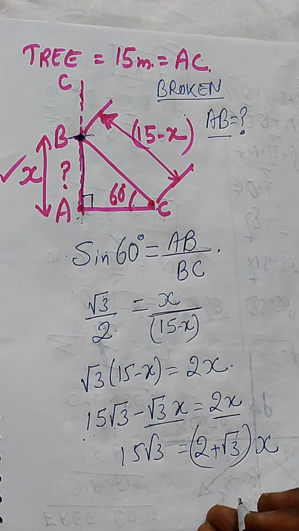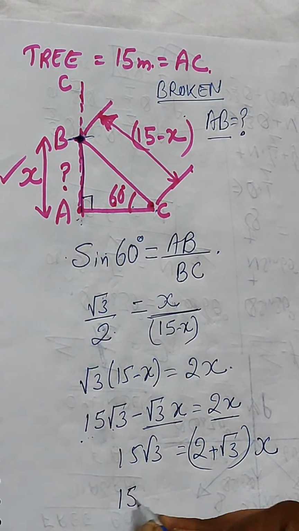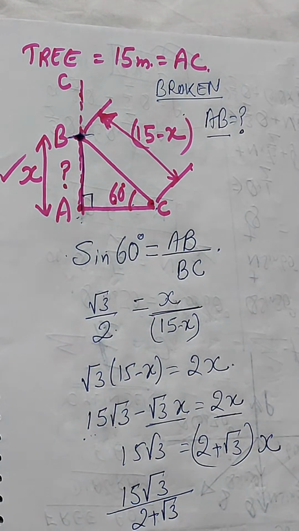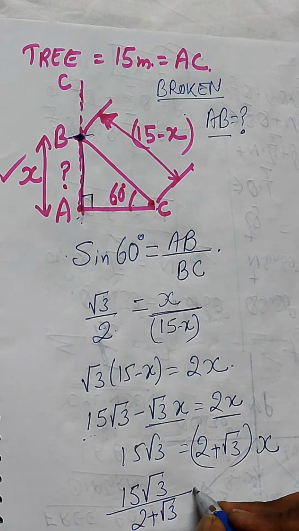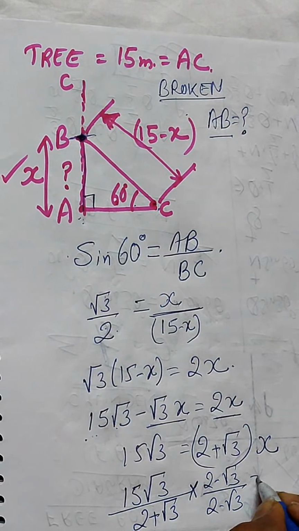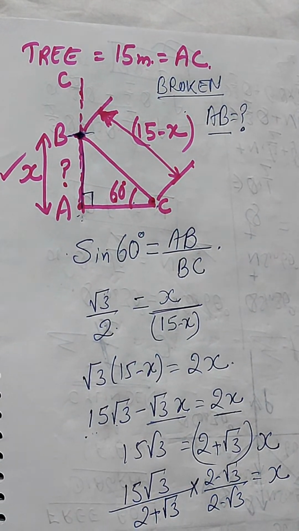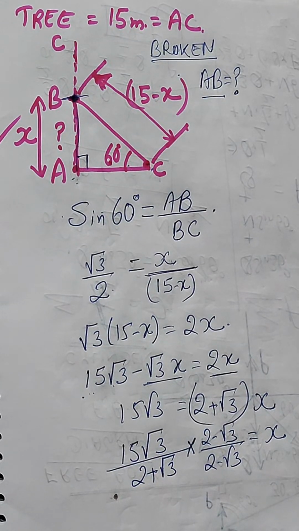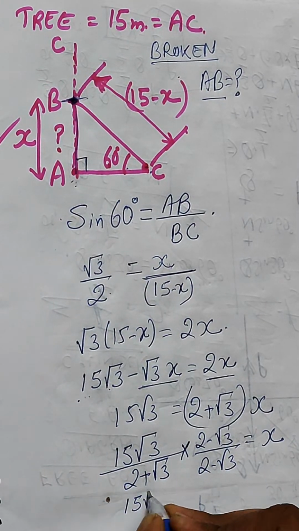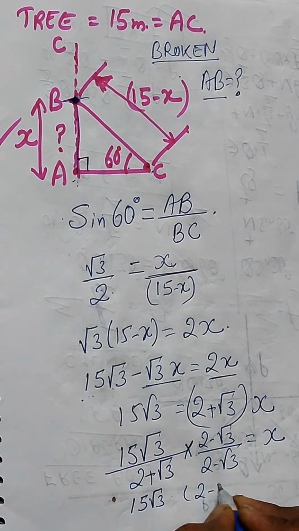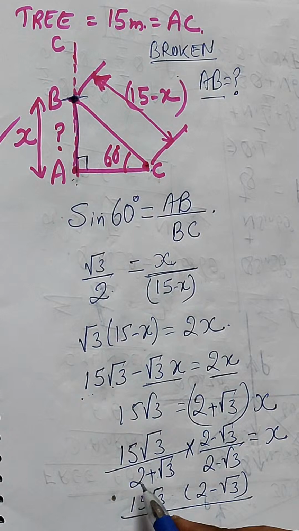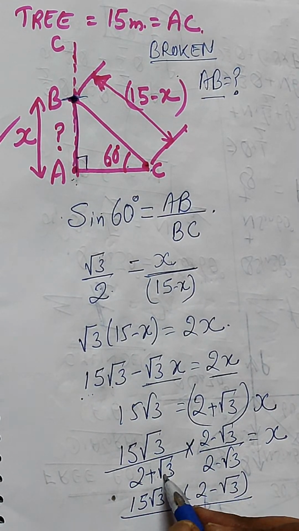So the value of x is 15 root 3 divided by 2 plus root 3, and when you rationalize it, multiplying numerator and denominator by 2 minus root 3, this will give you 15 root 3 times 2 minus root 3 divided by (a plus b)(a minus b), so this will be 2 squared minus root 3 squared.